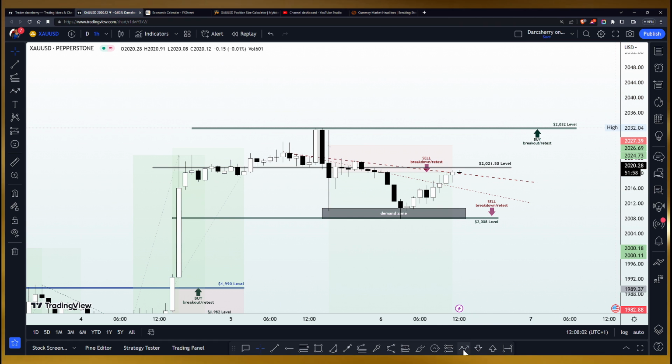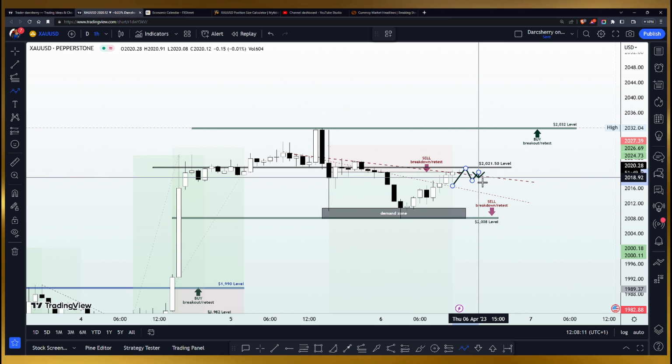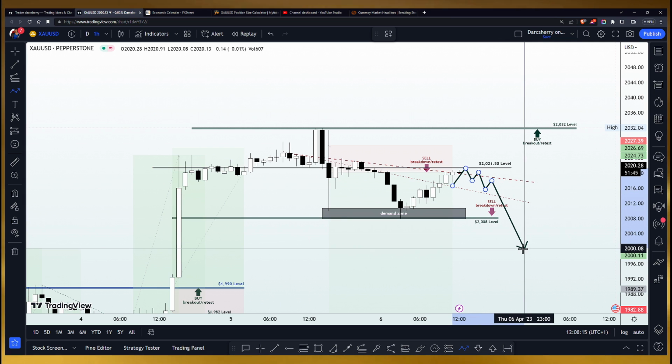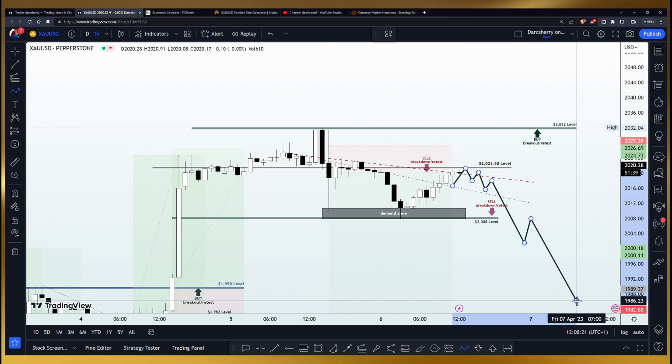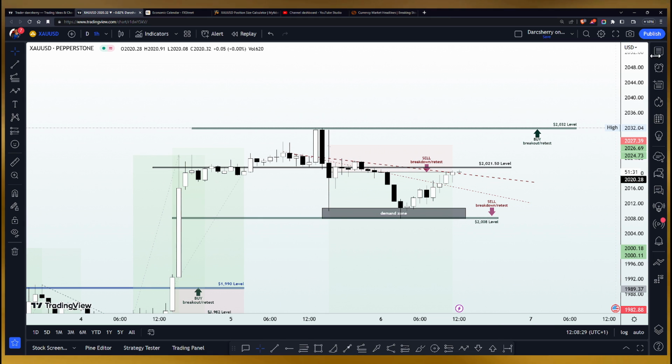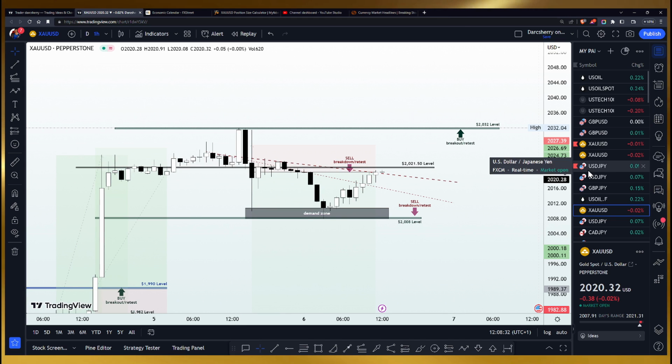However, if price action finds it difficult to break above the $2,021 level, and we continue to see certain pressure right below the structure in our lower time frame, then we might be in for a sell momentum, where a further breakdown of that demand zone at the $2,008 area will be welcoming additional position to our existing trade. So screenshot my screen so that you can use it as a reference point when you're about to make your individual decision on the XAUUSD.